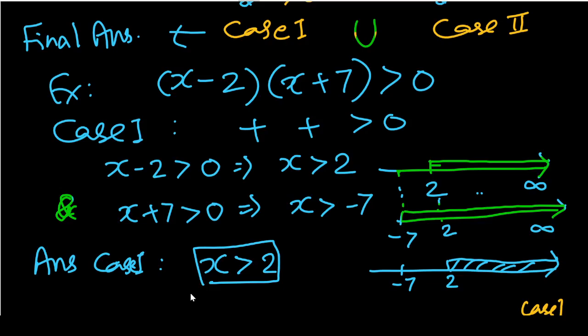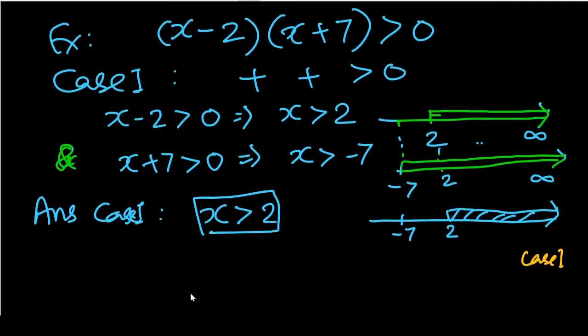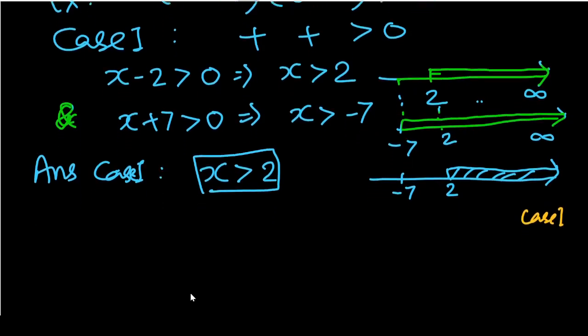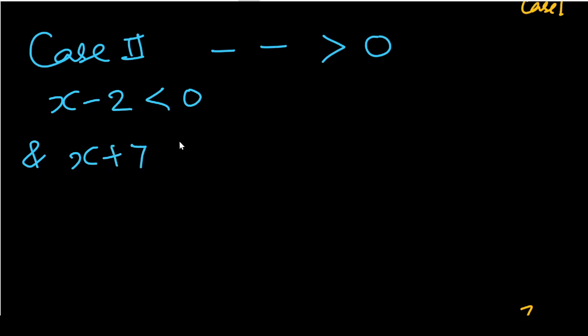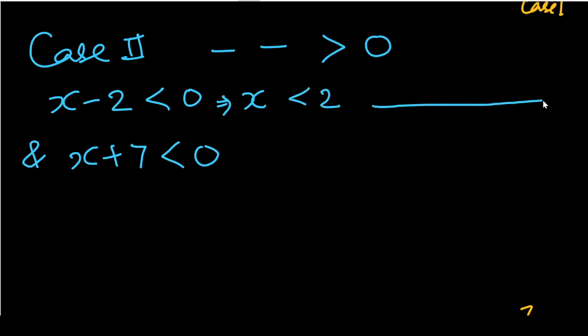Now for case 2, what will we impose? Yes, minus into minus. So for case 2, minus into minus should be positive. So x minus 2 should be negative, and x plus 7 should be negative. X minus 2 less than 0 will give you in the next step x less than 2, and if you plot on the number line, it would be lesser than 2.